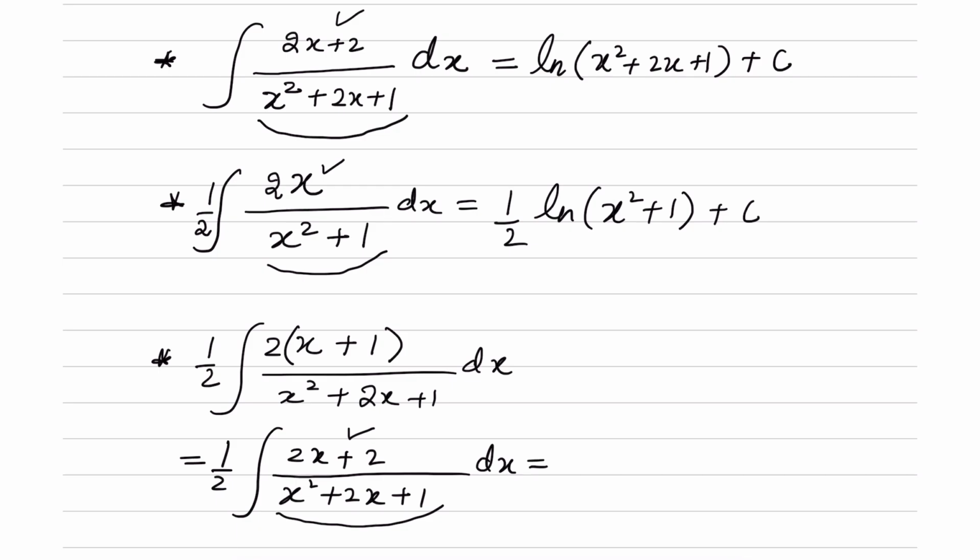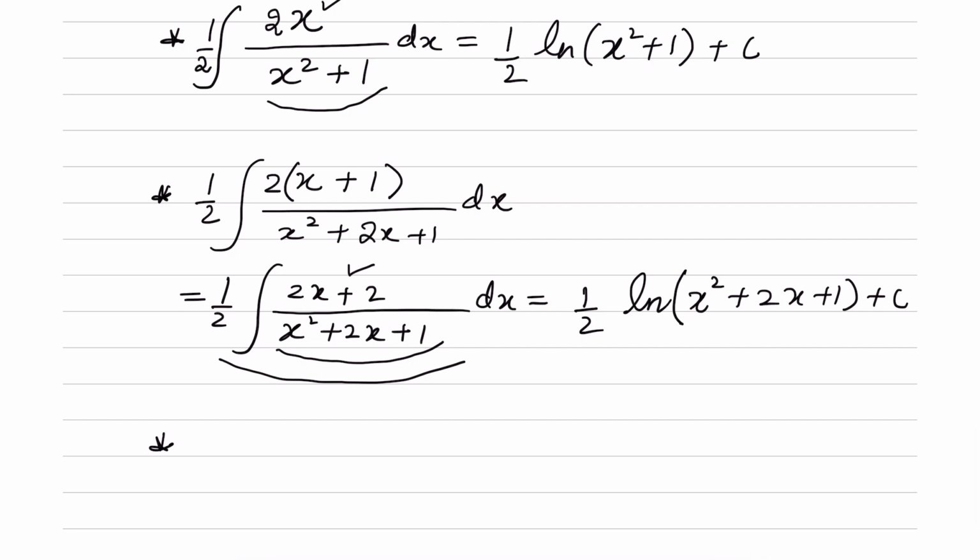So now we can put it in the form of ln, that is 1 over 2, this 1 over 2, and the answer of this integral, which is ln of the denominator, x square plus 2x plus 1, and some constant.